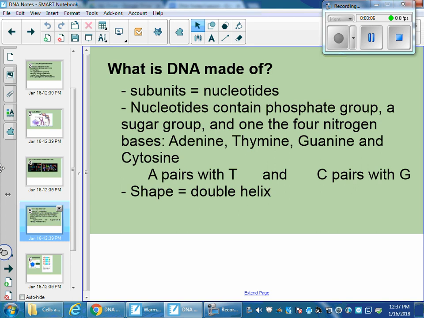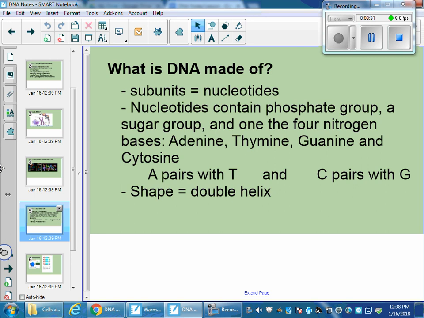So what is DNA made of? Okay, or what about the structure of DNA and the different parts of DNA? So DNA is made up of subunits that are called nucleotides. Okay, and those nucleotides contain three different things. The first one is a phosphate group. The second one is a sugar group. And the third thing is what's called a nitrogen base.